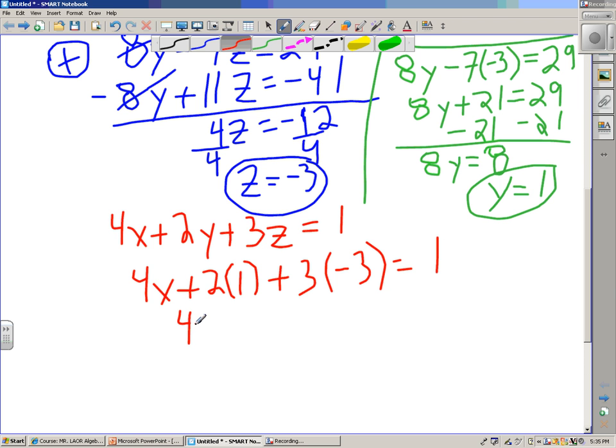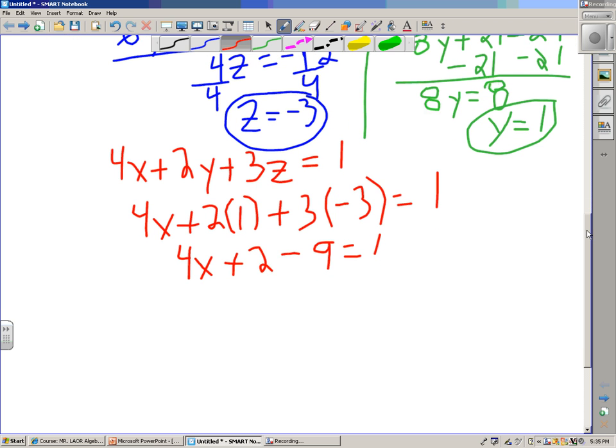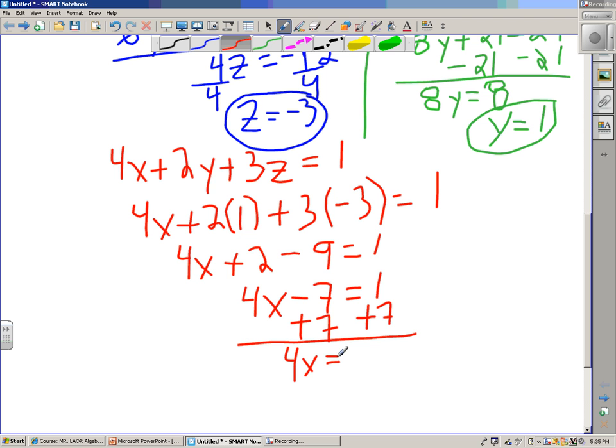We know that 4x plus 2 minus 9 is equal to 1. Combine the like terms: 4x minus 7 is equal to 1. Add 7. We know now that 4x is equal to 8, and therefore x is equal to 2. So our solution is 2, 1, -3.